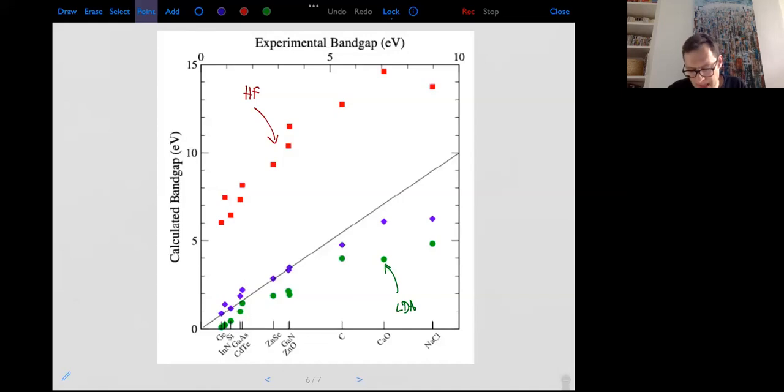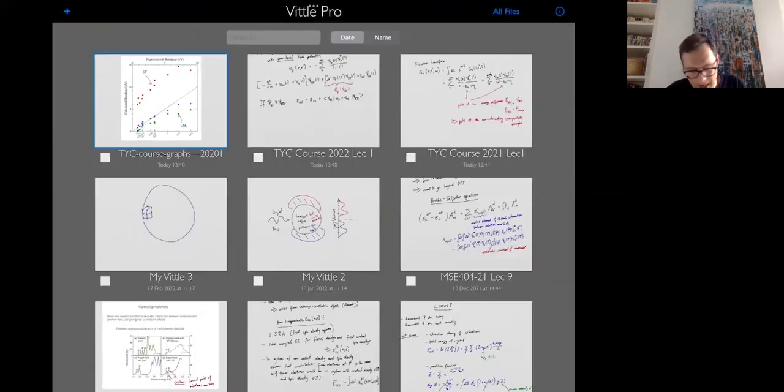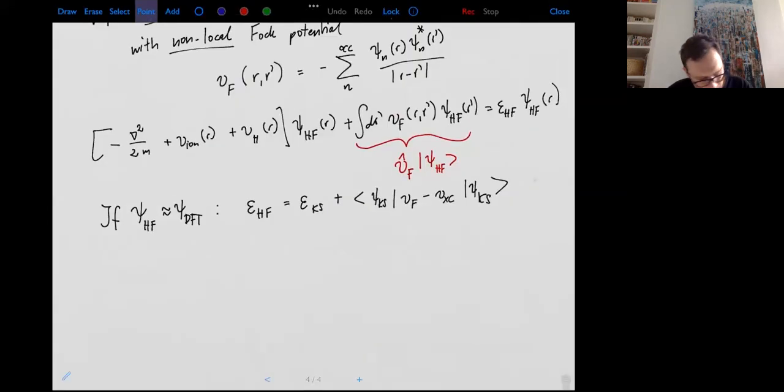So, Hartree-Fock band gaps for solids are really a disaster. Okay, so that's another piece of the puzzle then. So Hartree-Fock works nicely for molecules, but fails completely for band gaps of materials.